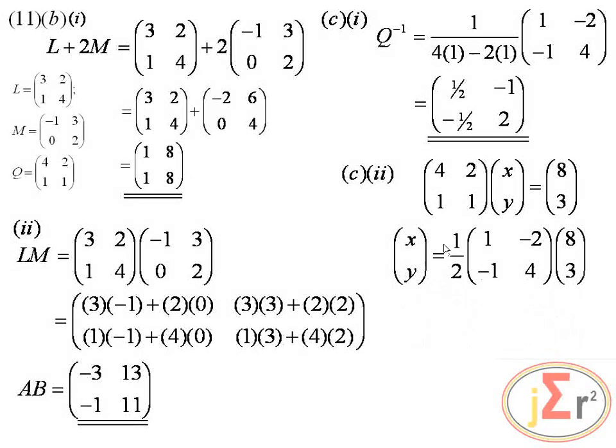Alright, but instead of using the matrix as we have found the inverse right here, we take the half outside, so that when we are multiplying we just use whole numbers, and then we take half of the entire thing at the end, because it is always easier to manipulate whole numbers than fractions.